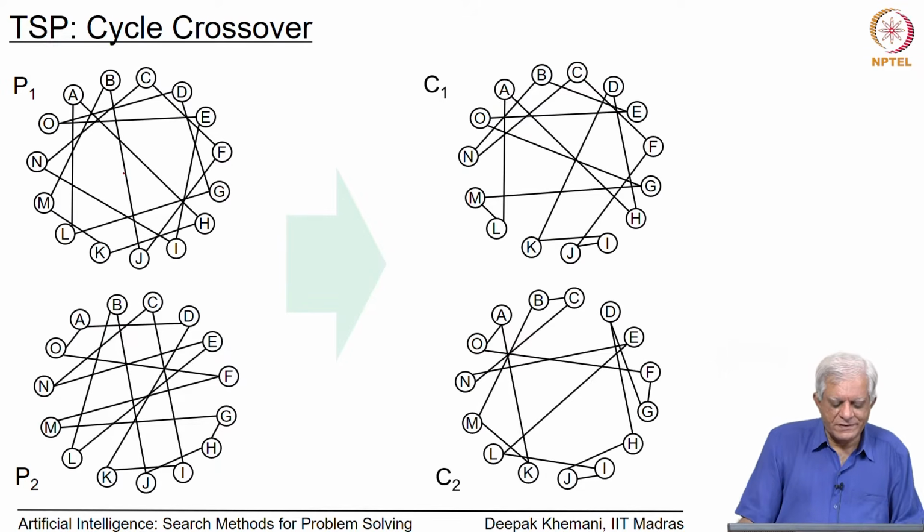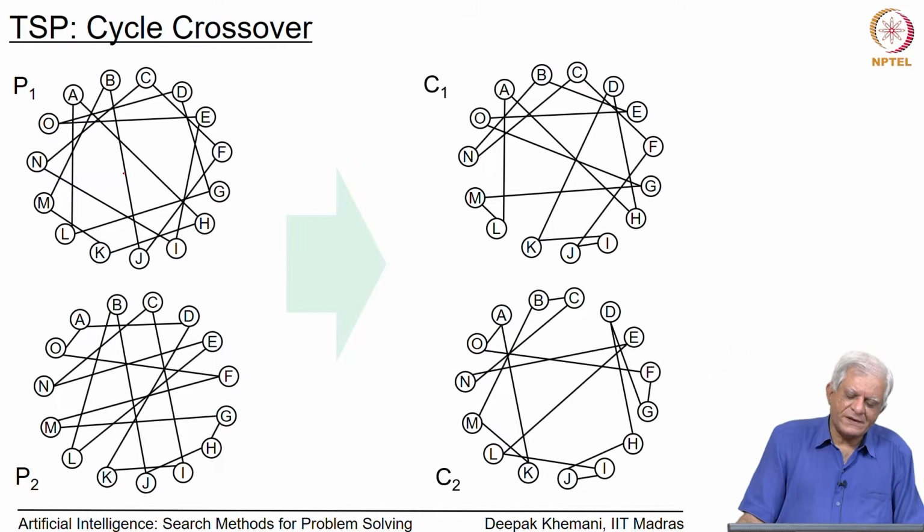You could imagine that if this is a real map, then the edge costs are in proportion to the actual Euclidean distance. This simply depicts that given these two parents P1 and P2, if we do cycle crossover, we get the two children C1 and C2 on the right hand side.